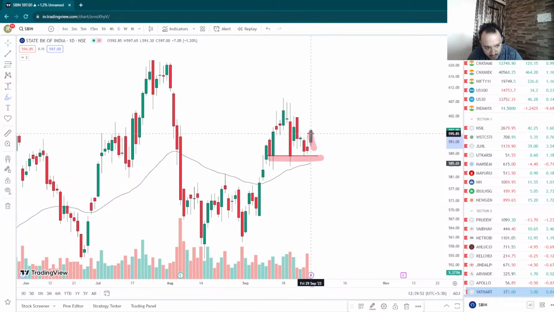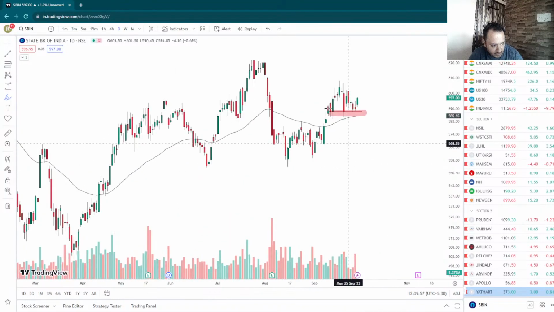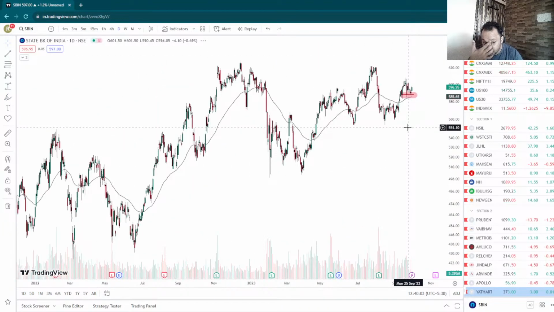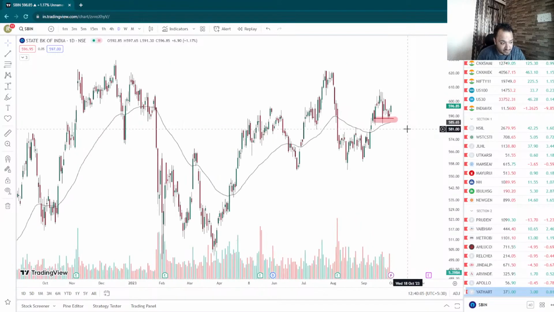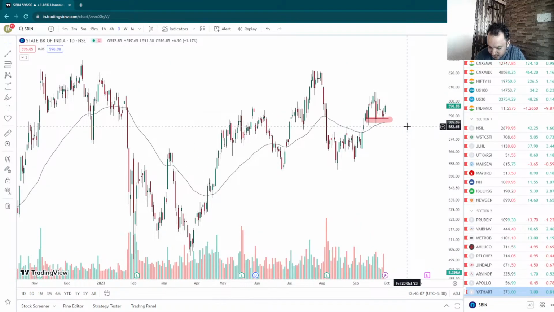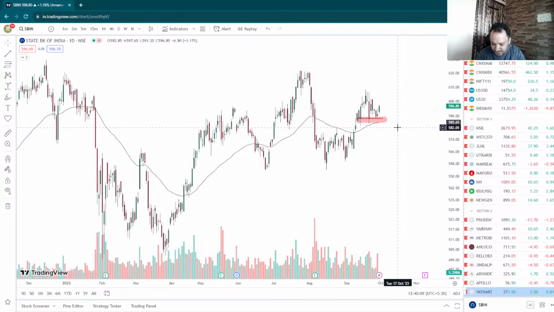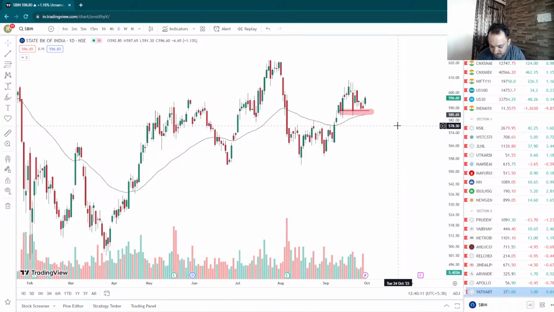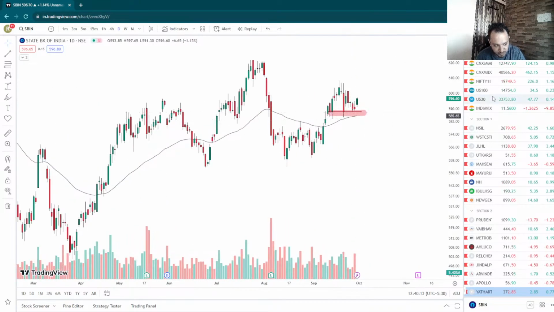So it might go up, but I usually don't get into bigger stocks like this. You can maybe try it. I won't buy SBI. Also, it's very highly correlated with the market, so there's very little opportunity for some sort of outperformance.